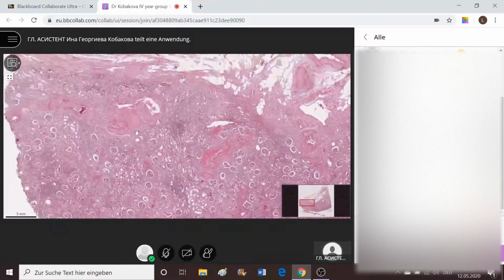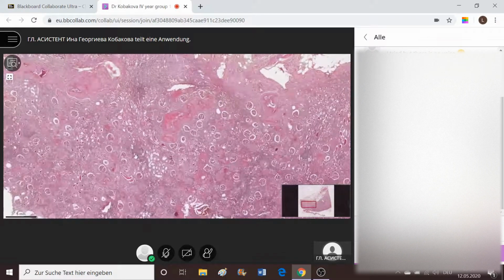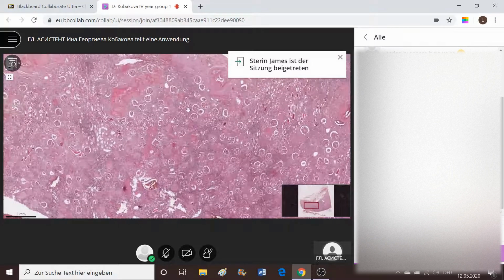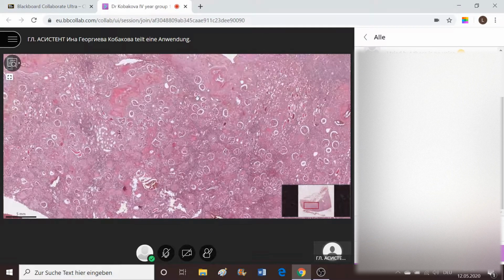What we also observe is a well-preserved system of glomeruli. You hear me well, I think, yes. And you still can observe the slide, which is great.